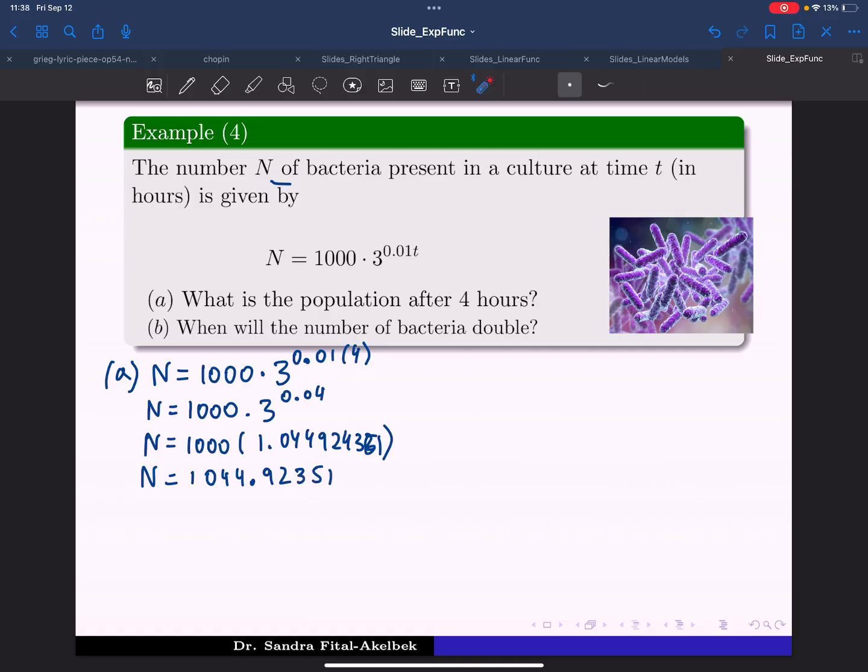Because we're talking about the number of bacteria, we cannot have a fraction of a bacterium, so we round to the whole number. So n is equal to 1045 bacteria. After 4 hours, there are 1045 bacteria.